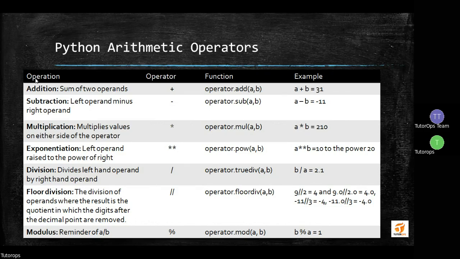Similarly, if we divide minus 11 by 3, how much can we get? Yes, minus 4. Modulus is the remainder of a divided by b. So if you are dividing 10 by 3, then the modulus returns 1.